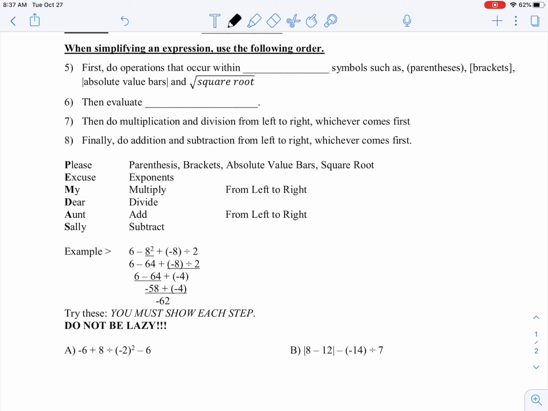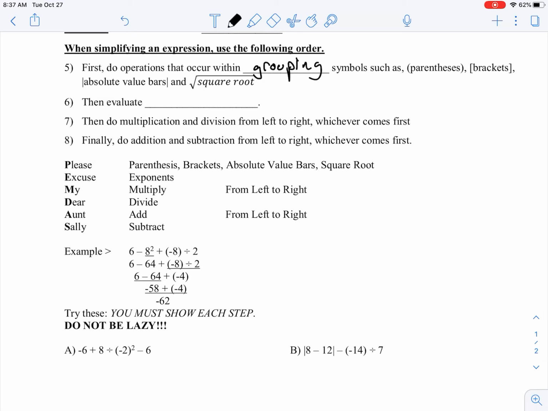So first we do operations that occur within grouping symbols, like parentheses. So we usually see parentheses with these, so that's what we start with when we talk about our mnemonic device later on. But grouping symbols can also include brackets, absolute value bars, and things under square root symbols.